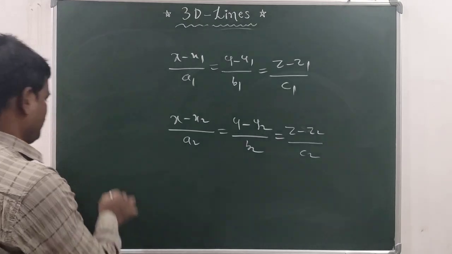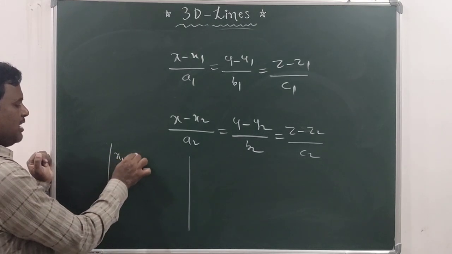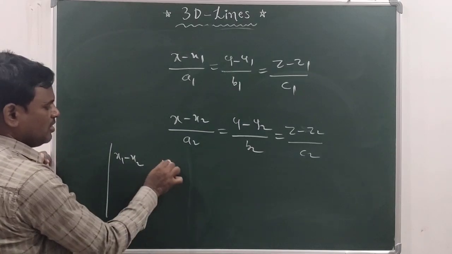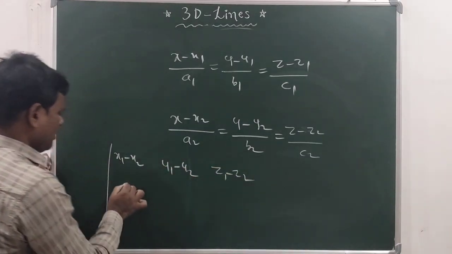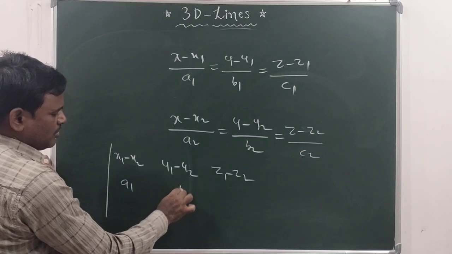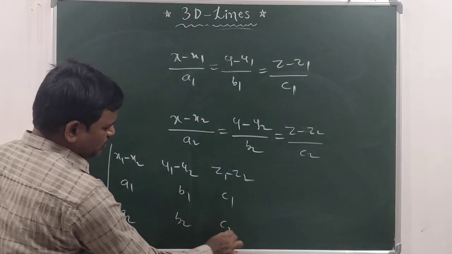How do you check? By this determinant: x1 minus x2, y1 minus y2, z1 minus z2; a1, b1, c1; a2, b2, c2.